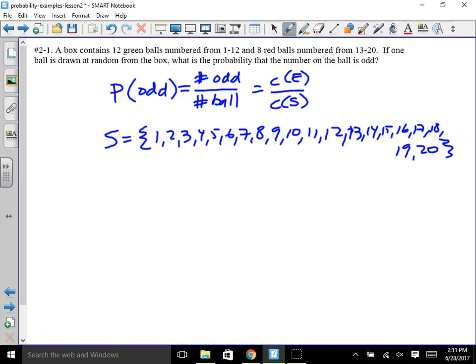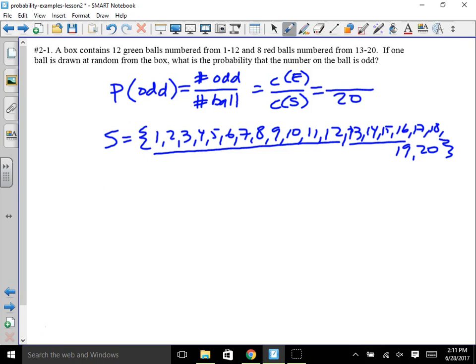This is the set of all the balls, and it doesn't really matter that some of these are red and some of these are green. Every ball is a unique ball, and we can identify the ball just by the number on the ball. So the number of items in the sample space here is just the 20 balls. On the bottom it would be the 20 balls.